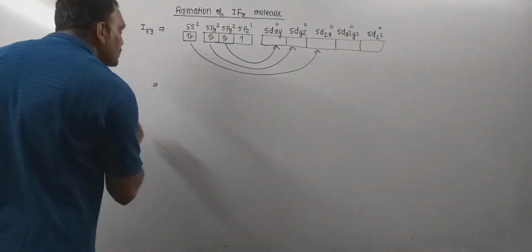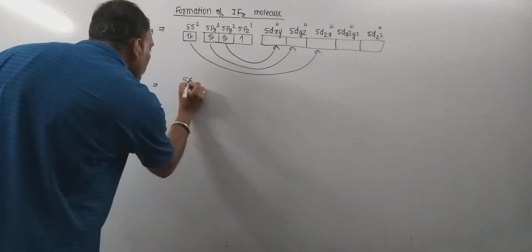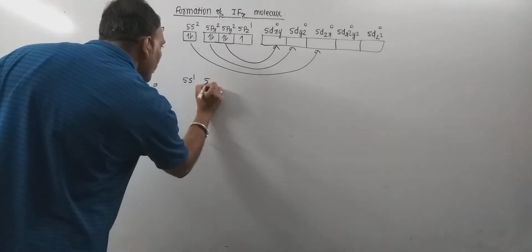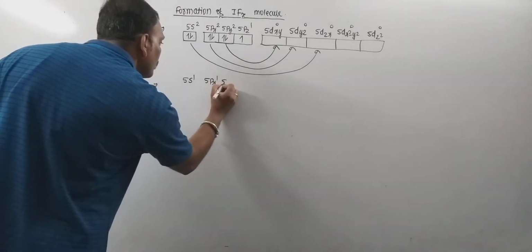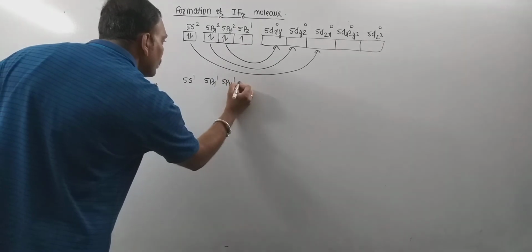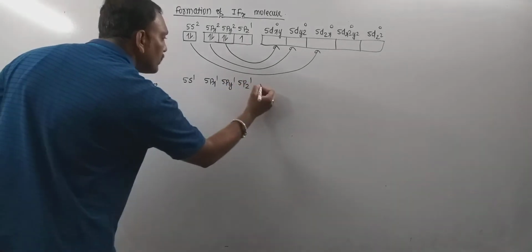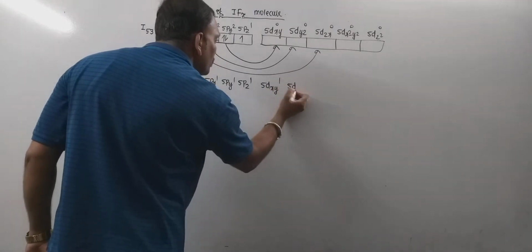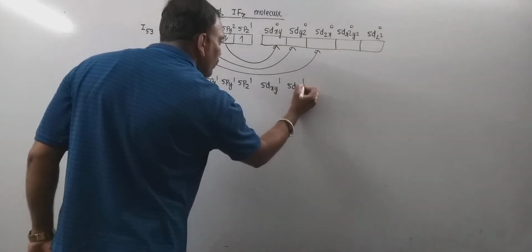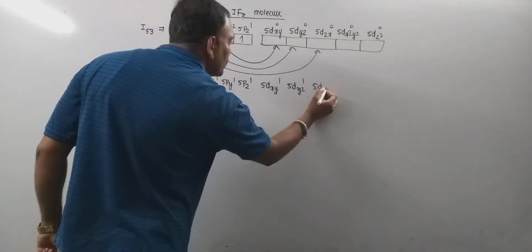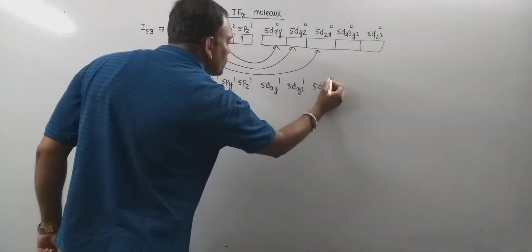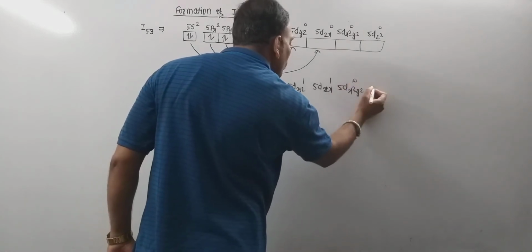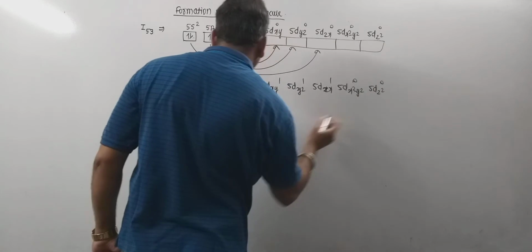Thus, the excited state electronic configuration of iodine will be 5s1, 5px1, 5py1, 5pz1, 5dxy1, 5dyz1, 5dzx1, 5d x square minus y square 0 and 5d z square 0.